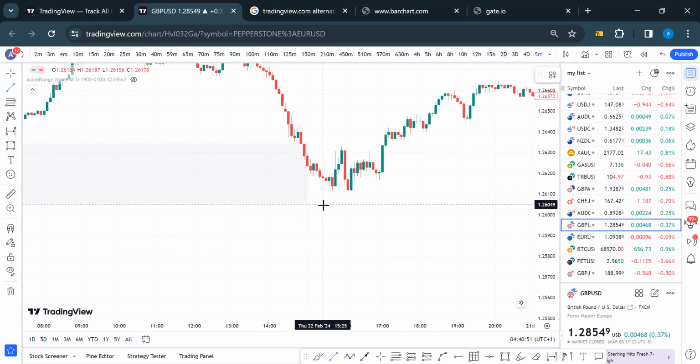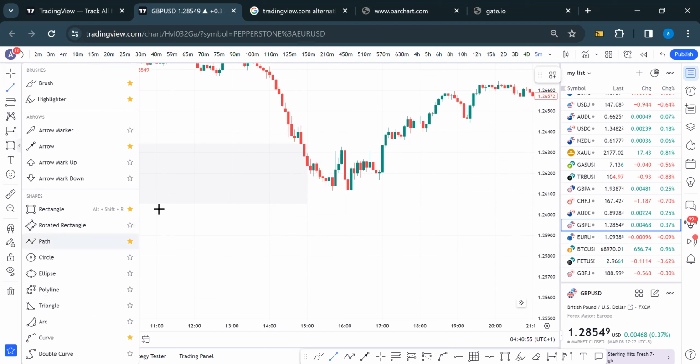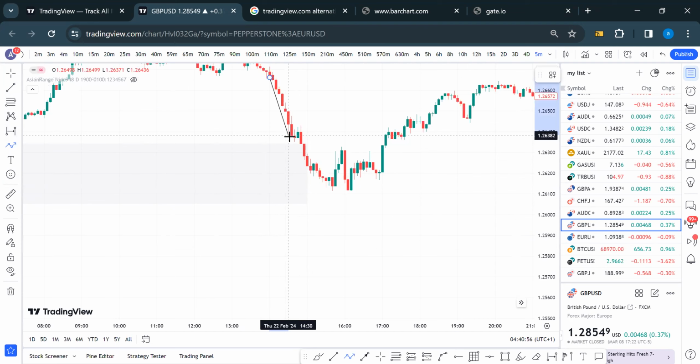You can always draw this line if you can't find your change of character. Price pullback, there's no pullback here. Just, okay, we have a pullback here. Okay, right? So that's going to be our change of character here.